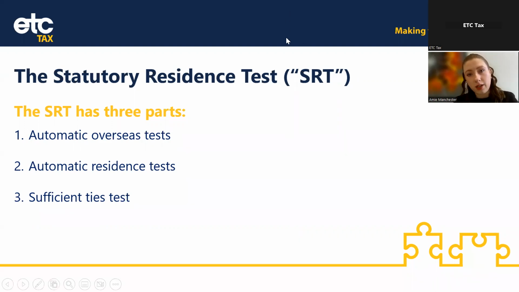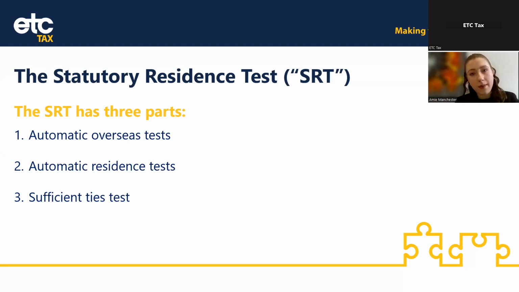As we mentioned earlier, residence is reviewed using the statutory residence test, and it is a requirement to review residence each year, as it can change year on year. The way the SRT works is you essentially look at each test in turn, and where an individual meets one of the set of tests, you don't need to move on any further, and they will either be conclusively resident or non-resident. So the automatic overseas tests are the first set of tests we're required to consider.